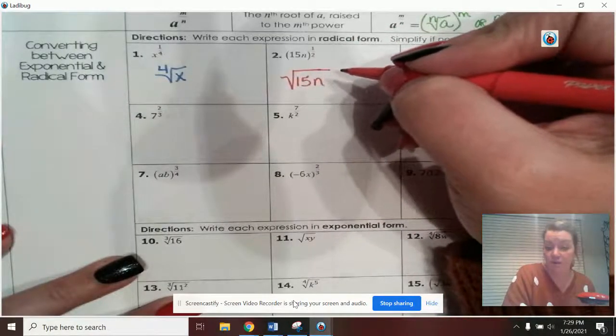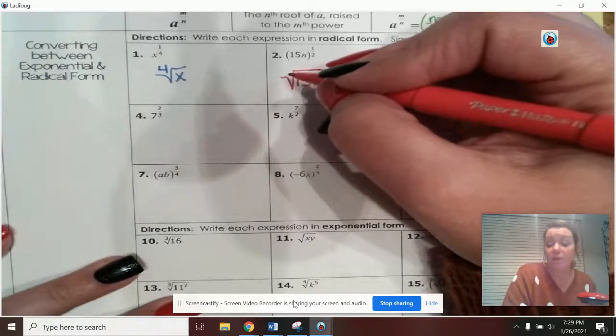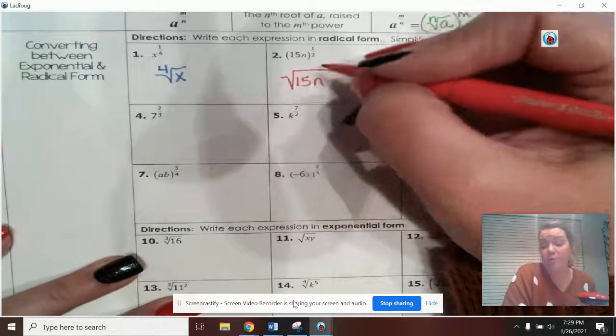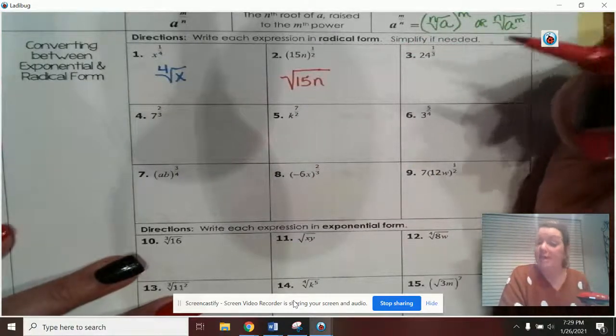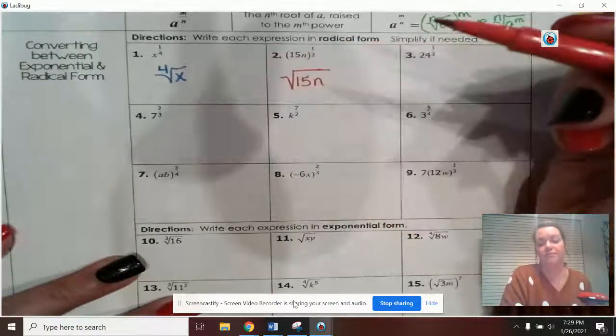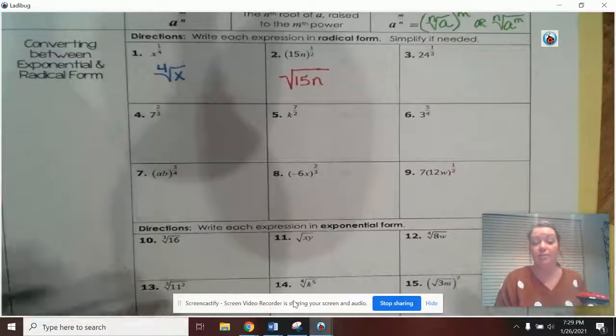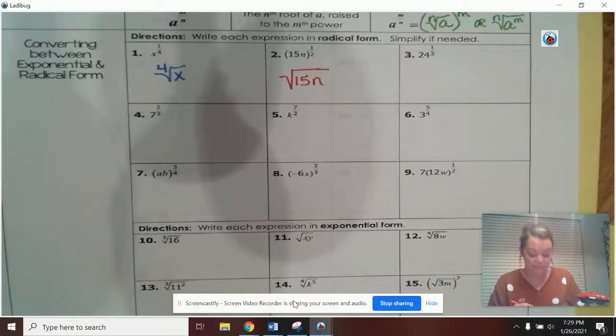We don't write the 1. And I also don't necessarily need to put the 2 out here because we assume that when a root is here, it is our square root. If it's anything other than the square root, that's when we put the root there. But if it's the square root, you don't necessarily even need to write the 2 there because it's the assumed root. So we have just the square root of 15n.